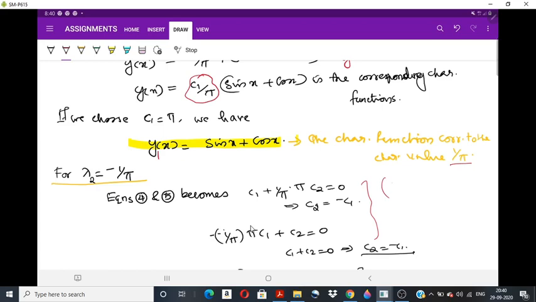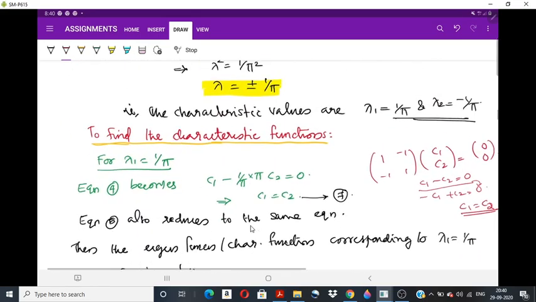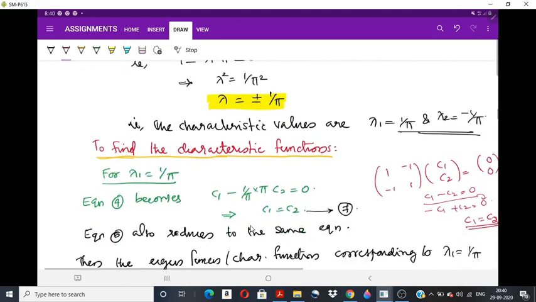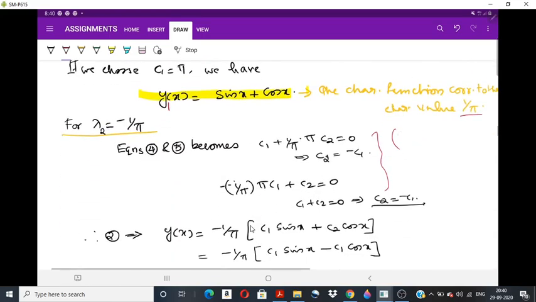When lambda equal to minus 1 by pi, the system reduces to 1 minus lambda pi, which will become minus of minus 1, that is 1. So the matrix 1 1, 1 1, into C1 C2 equal to 0. Again we have only one equation, C1 is equal to minus C2, or C2 is equal to minus C1.